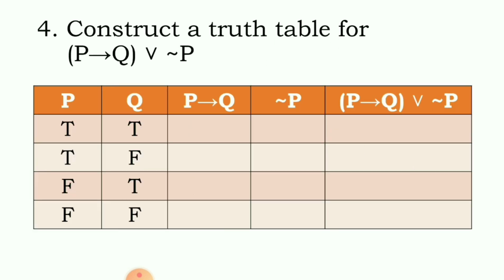Next example, construct a truth table for the quantity if P then Q or negation of P. So we have on the table all the possible combinations of truth values of the propositions P and Q. First, we need to get if P then Q. So P will be the hypothesis and Q will be the conclusion.